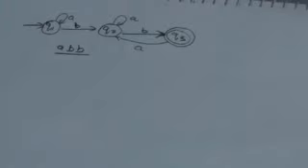Remember one thing: whenever the machine starts reading any input symbol or any string of input symbols, it always starts from the initial state. That's why it is called the initial state, because it initiates from here.